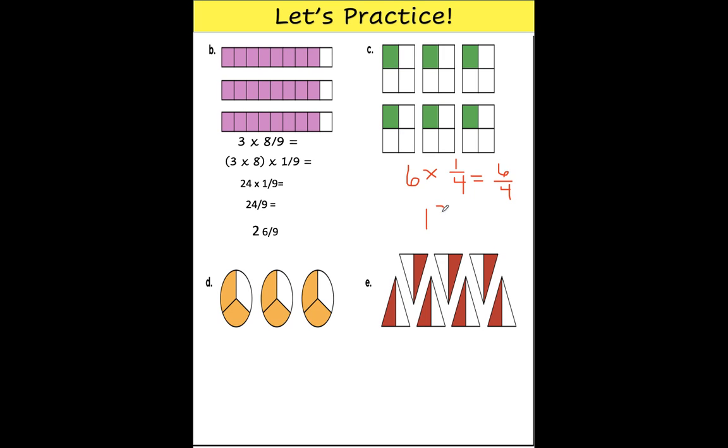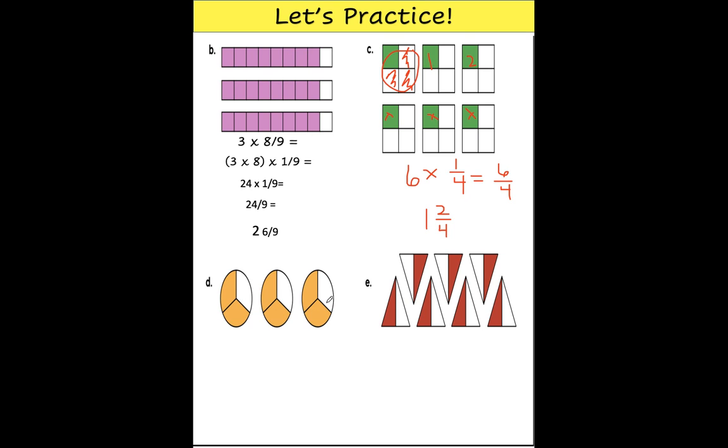Once. What's left over? 2/4. Really what happens is if I take this box here, I'm going to color it in. Then I'm going to take this box here and color it in. Then this box here and color it in. And you can see now I made a whole, and I have 1, 2 left over.